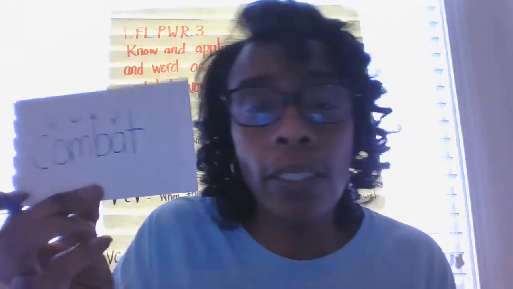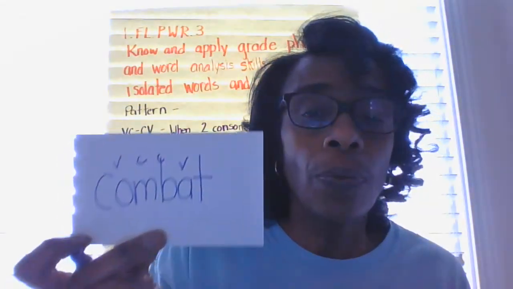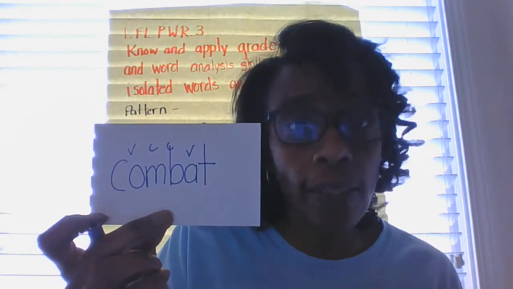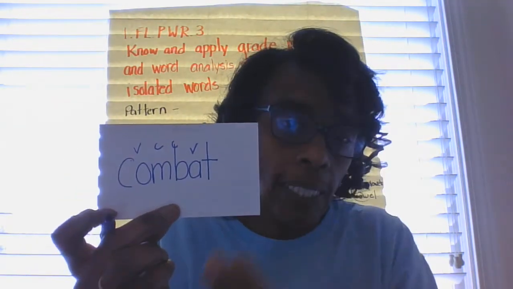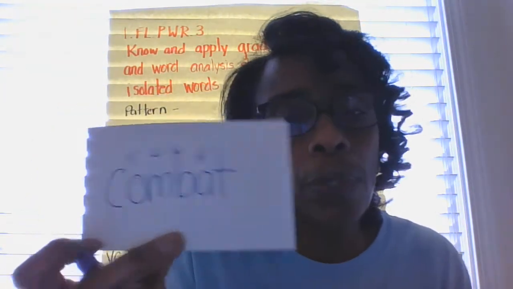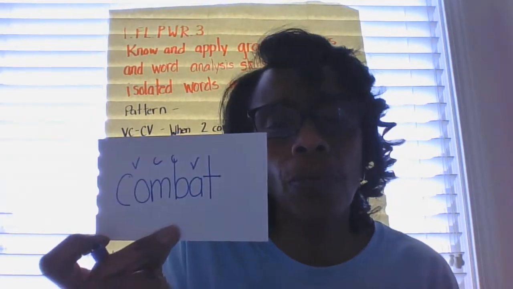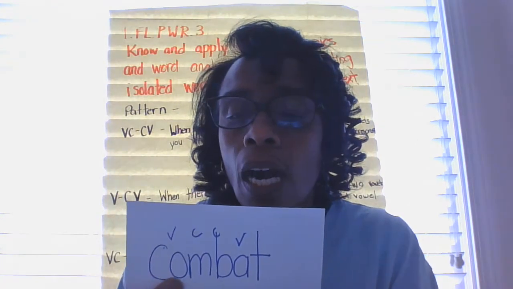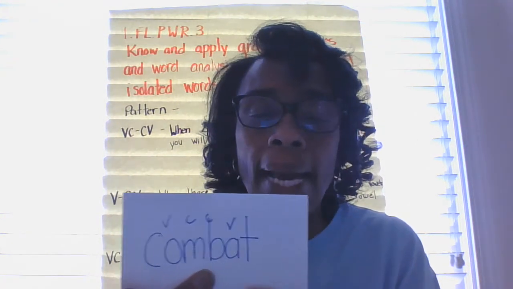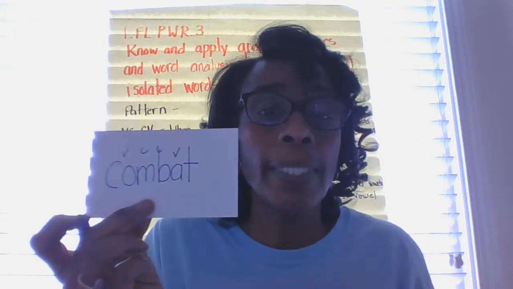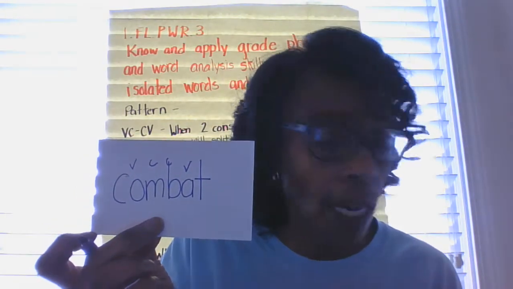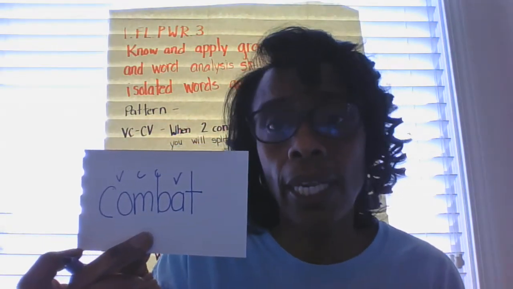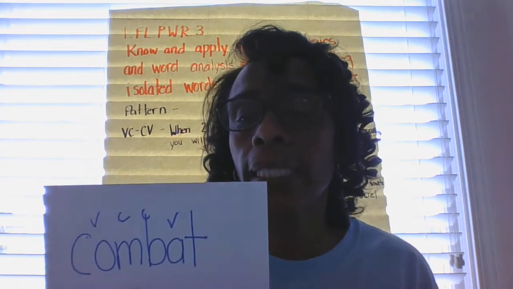And remember, the rule is when you have vowel, consonant, consonant, vowel, you're going to split the consonants. So where would you put your line to break this word up? Let's read the word first. We have combat, combat. Some people like to play combat in their video games. Combat.